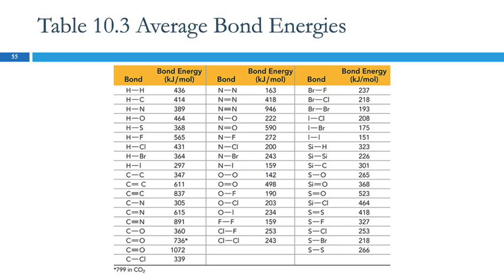I need to go way back here. I'm gonna write these on the board because I'm not gonna remember. So we had hydrogen-carbon bonds, 414. We had hydrogen-oxygen bonds, 464.